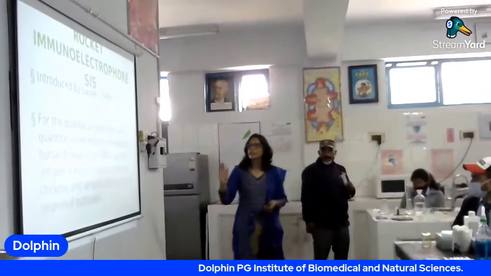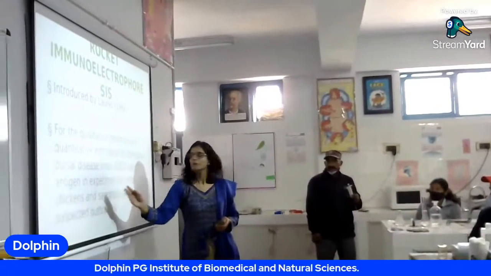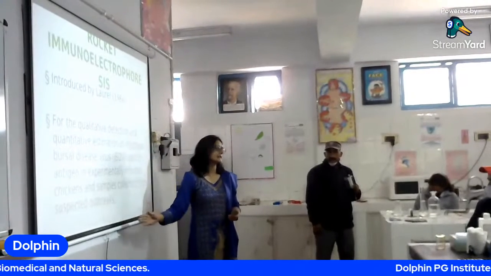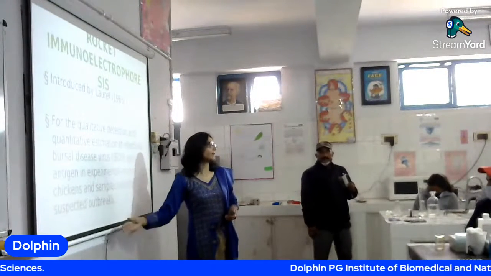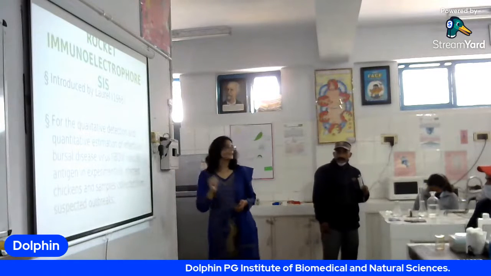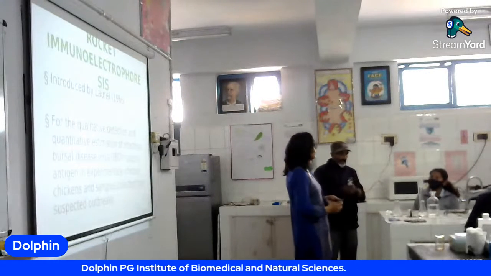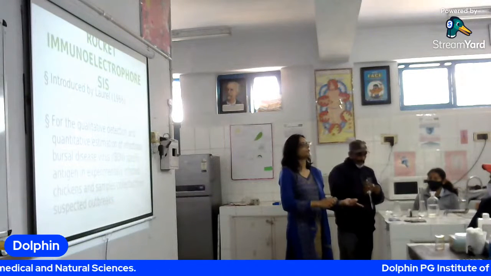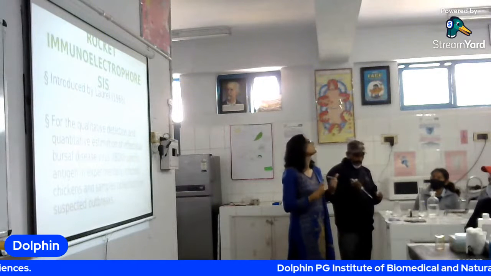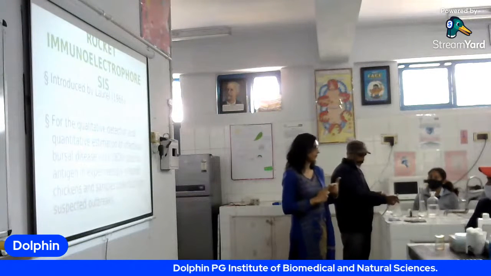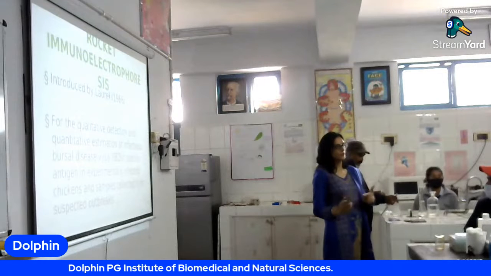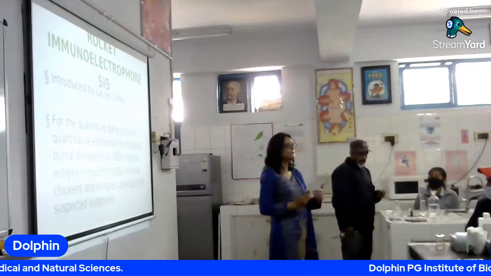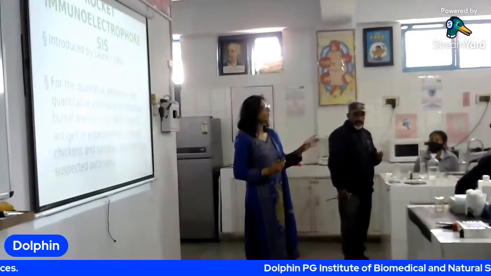So he was having what? He was having the standard samples and he was having the samples from the infected cases. तो हम स्टैंडर्ड बोल सकते हैं और पेशेंट बोल सकते हैं. So he was trying to see how much virus is coming in the infected as compared to the standard. So he wanted to quantify. So when there is a disease, as you are dealing with diagnosis, most of you are studying the diagnosis in your theory papers, when we study a disease, there is a marker.